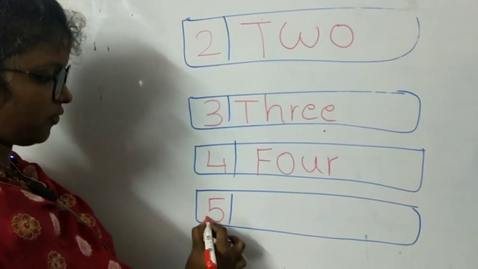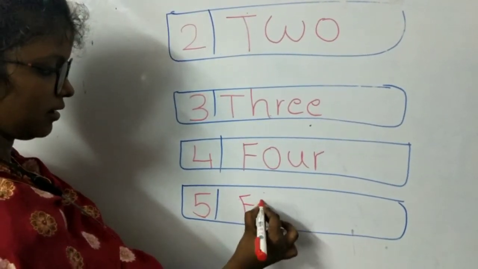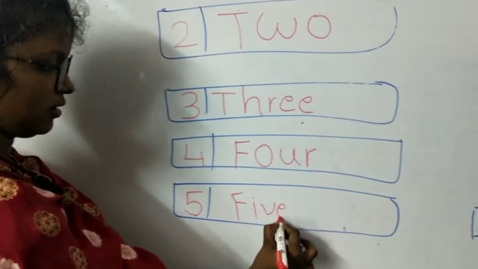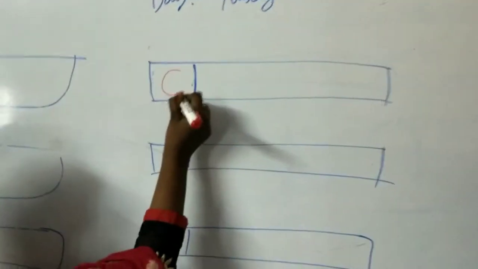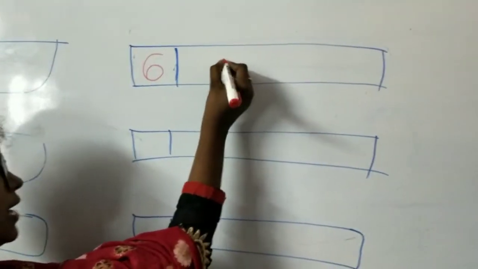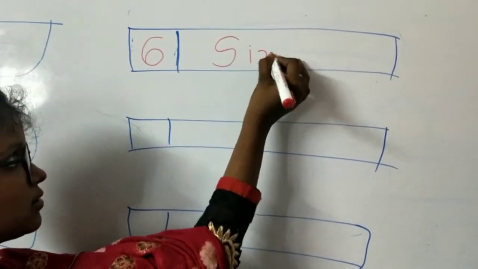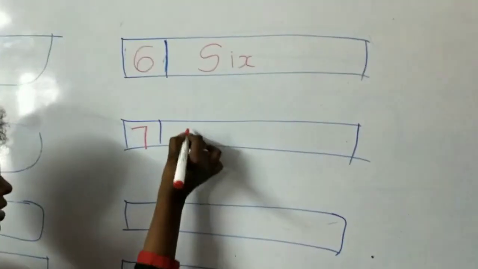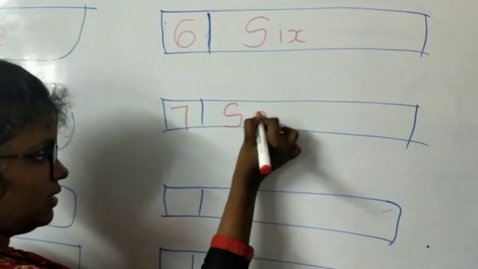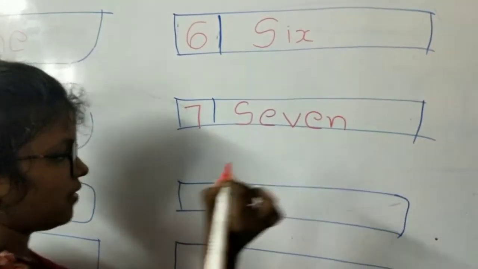And how many fingers are there next? 5. What is the name of 5? FIVE, 5. Next. What is the next number? 6. What is the spelling of 6? SIX, 6. Next, 7. SEVEN, 7.